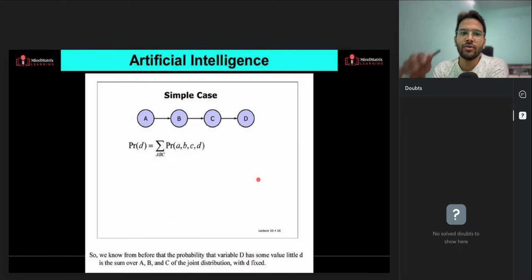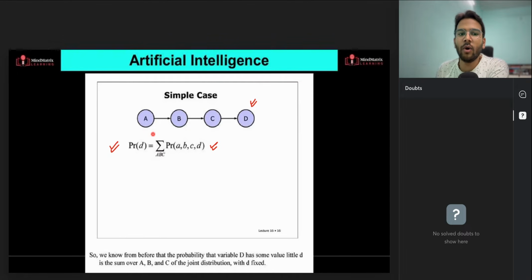Okay. So if I want to find the probability of D, because D is my final state, I will simply write like this. Whatever hidden variables we have, A, B, and C, these are the hidden variables.